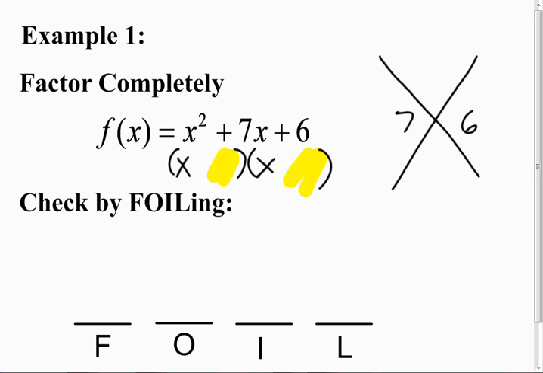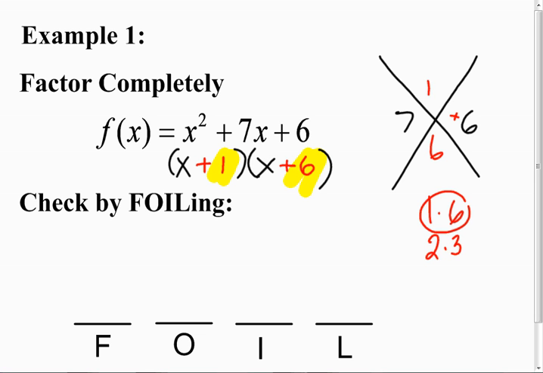And you go 1 times 6, and 2 times 3, and which ones will, because they're all positives, right? 1 and 6. And those are what goes right in here. It doesn't matter which one goes first. Makes no difference. So it's plus 1, plus 6.